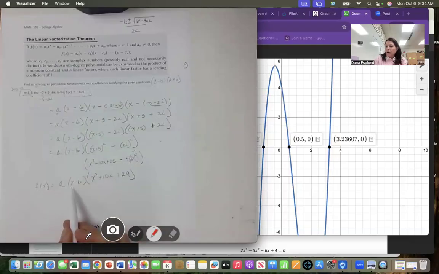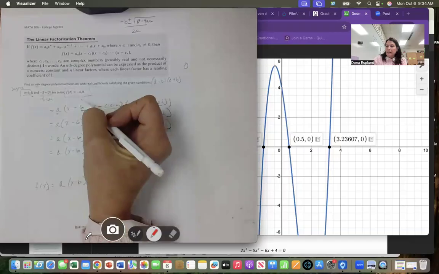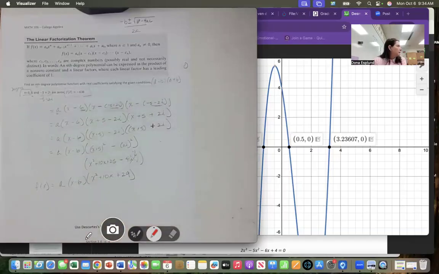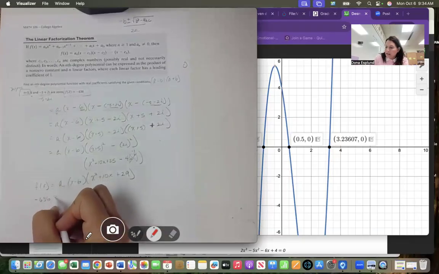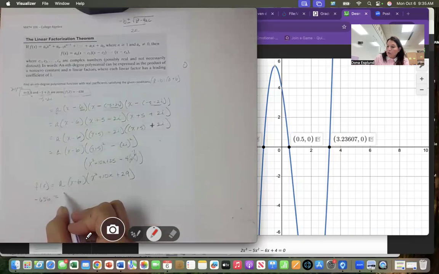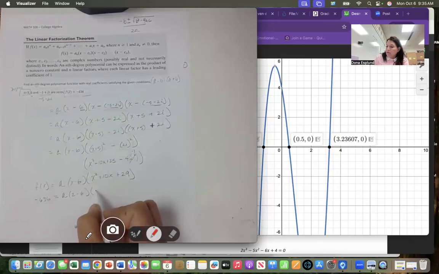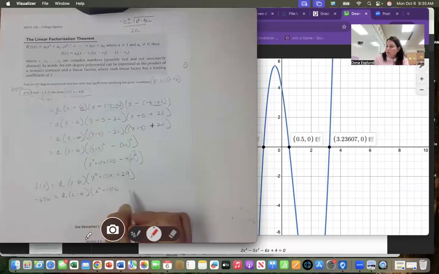I can replace all of my x's with 2's and it's going to equal -636. So I'm going to have 2 minus 6 times 2 squared plus 10 times 2 plus 29. And then I'm going to simplify.